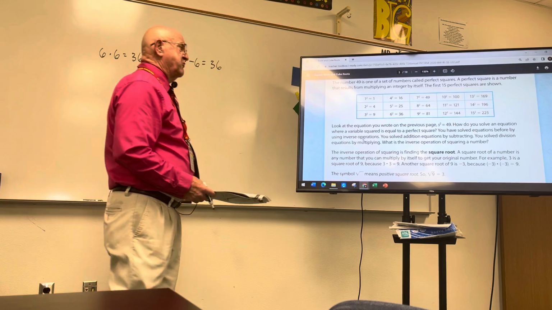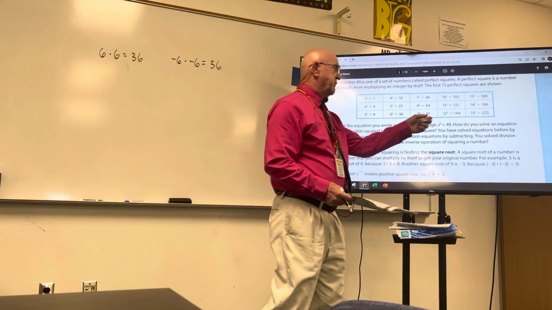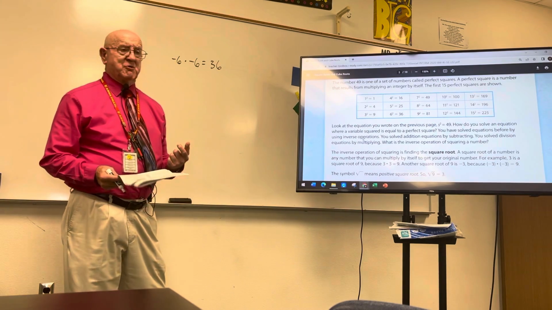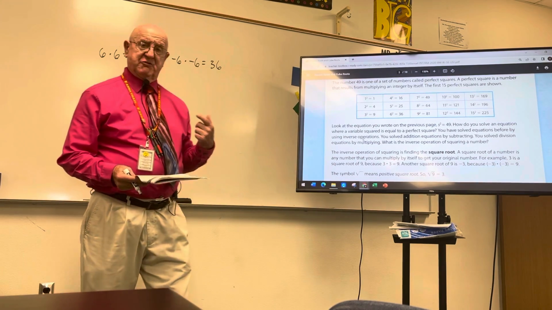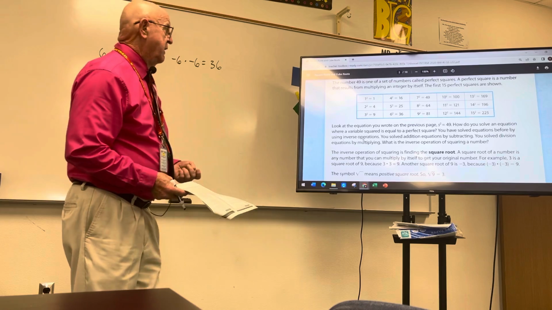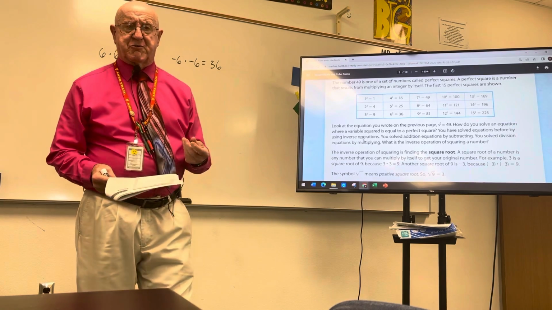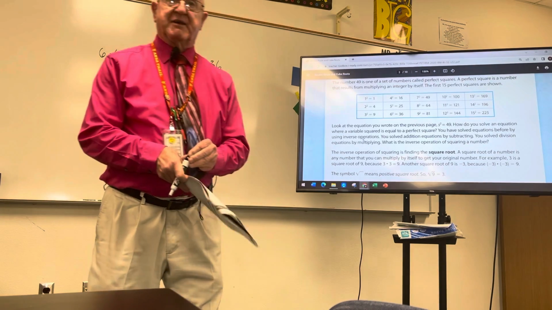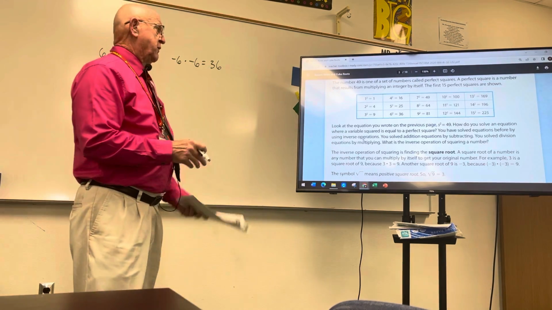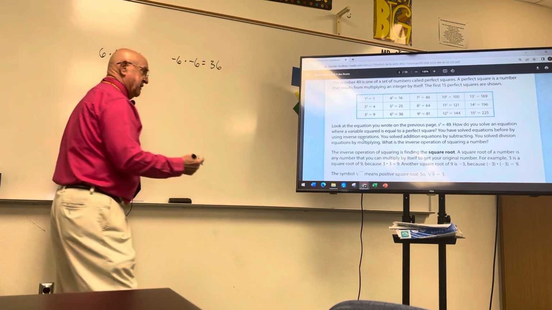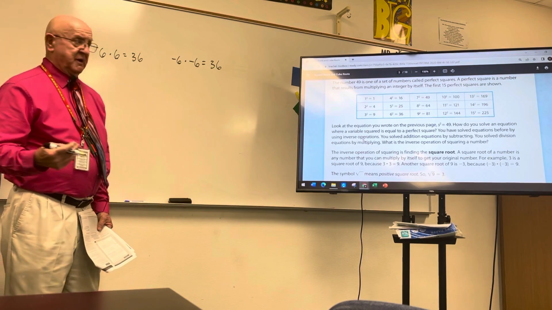So if we look at the equation we were on in the previous page, you have S squared is equal to 49. How will we solve that equation where a variable is squared and is equal to a perfect square? We've done this when doing addition or subtraction by using inverse operations. Well, the inverse operation of squaring something is to take the square root, right?